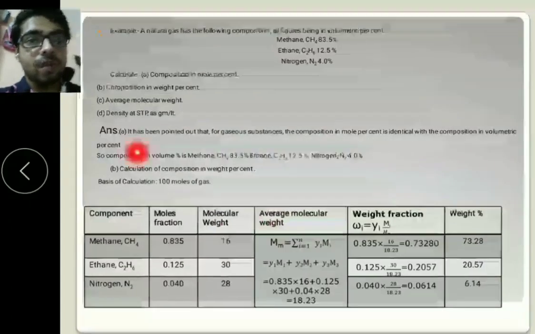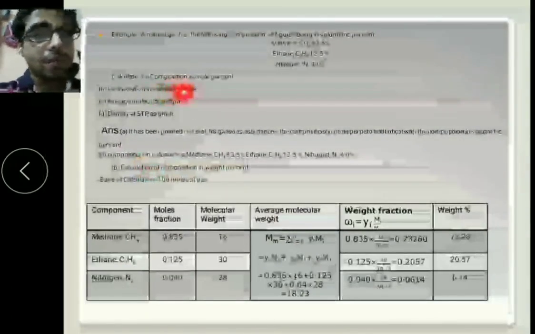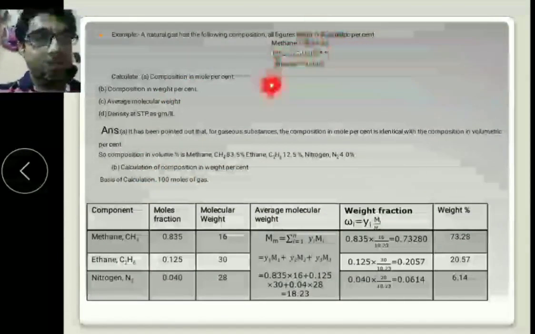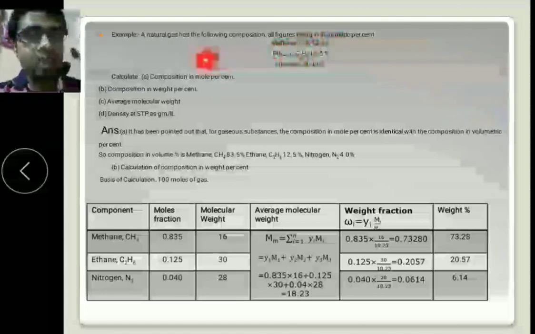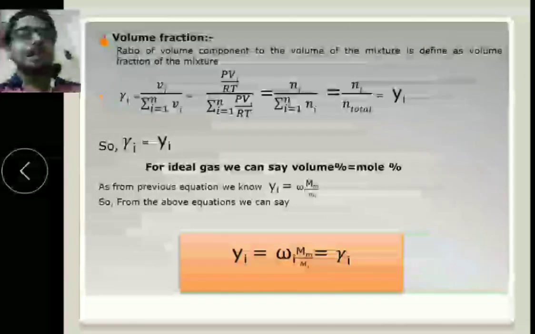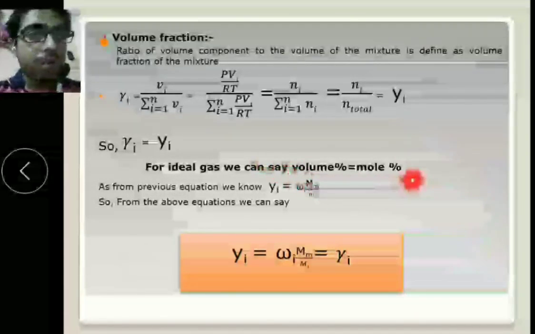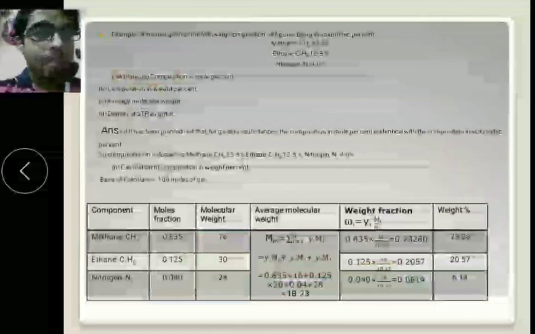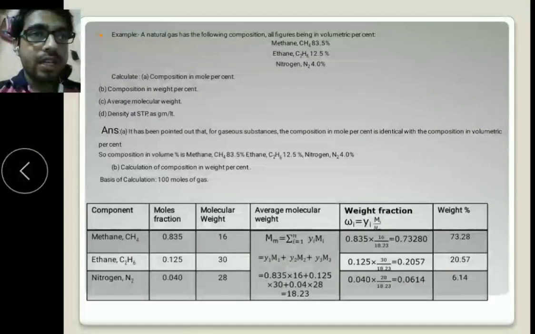We have to calculate the composition in mole percent. The problem is in volume percent and the calculation is in mole percent. From this formula we know volume percent equals mole percent. So the mole percentage of methane is 83.5%, ethane is 12.5%, and nitrogen is 4%.